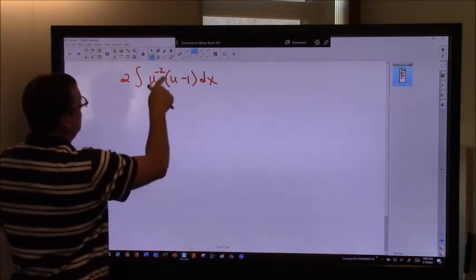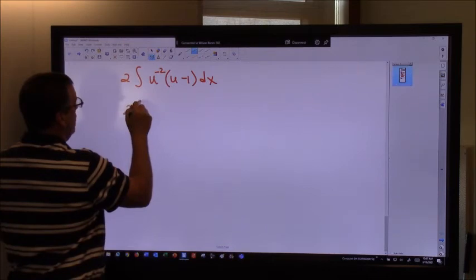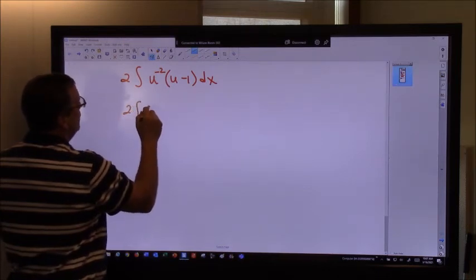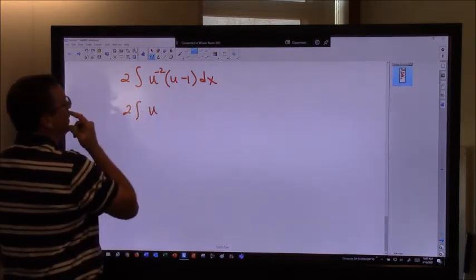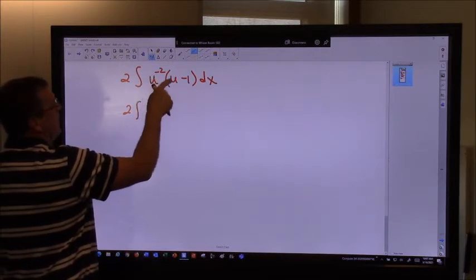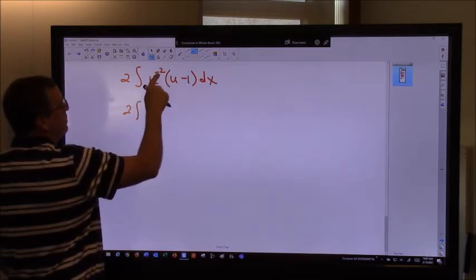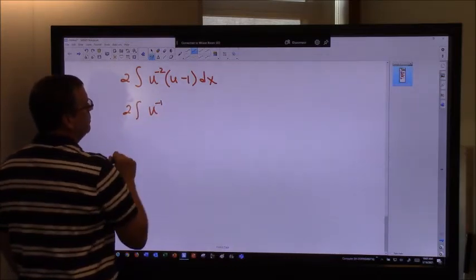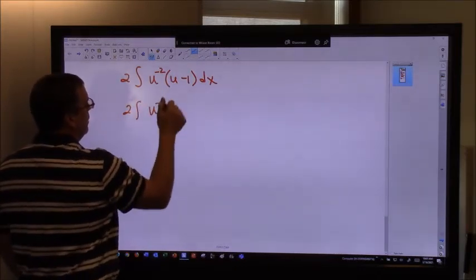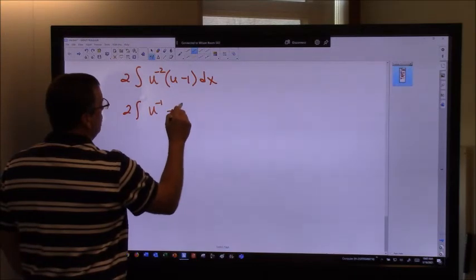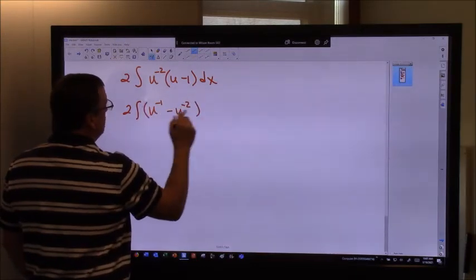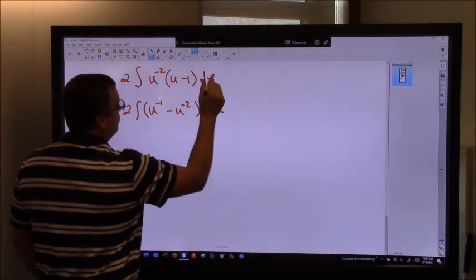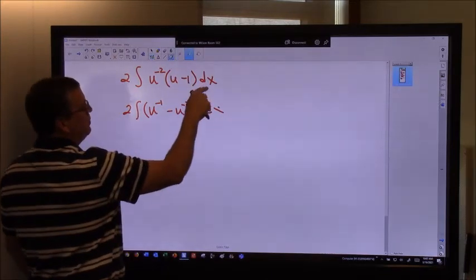Now if I distribute that, I've got 2 times the integral of u to the, if I add the exponents, negative 2 plus 1, that's negative 1. And then when I multiply here, I've got minus u to the negative 2 dx. Oh, du, sorry. That should have been a du right there.